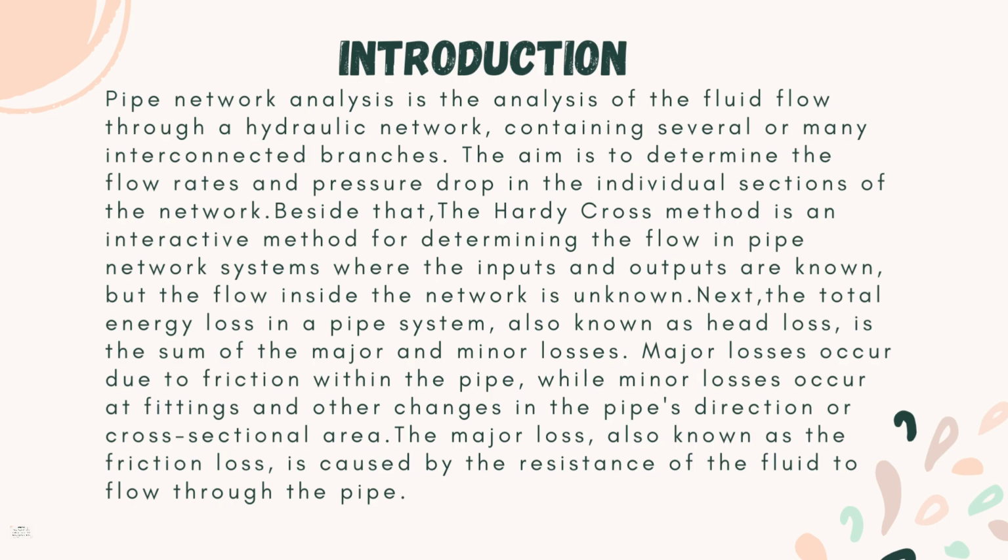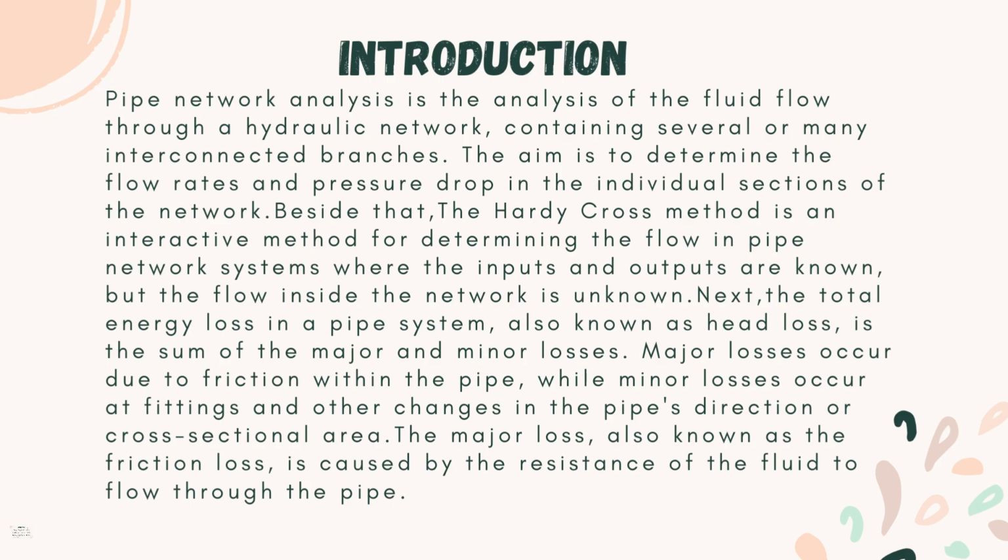Pipe network analysis involves using mathematical models to calculate the flow and pressure of fluid through the piping system. This calculation takes into account various factors such as the physical properties of the fluid, the diameter, roughness of the pipe, and the elevation changes within the system.